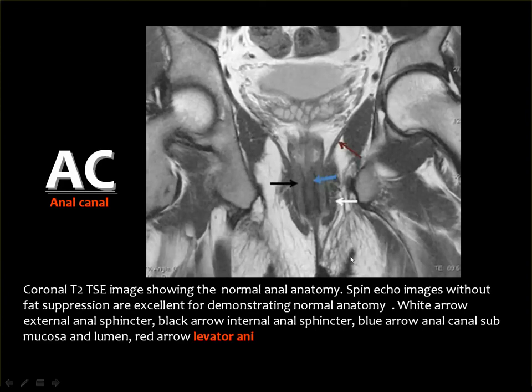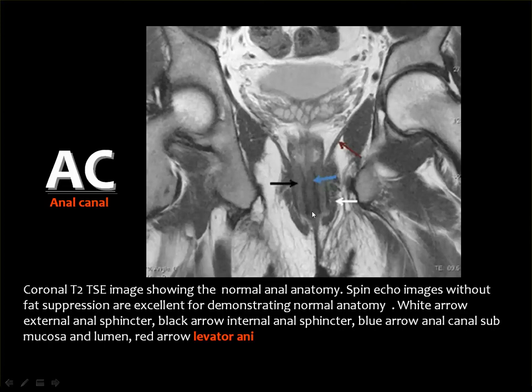Then the MRI anatomy of this area is very important, and the coronal T2 weighted image is the best view in MRI to realize this anatomy. And if you look carefully, you can see this appearance, which is referred to usually by some reports as a tube in a tube. You see a tube within a tube.